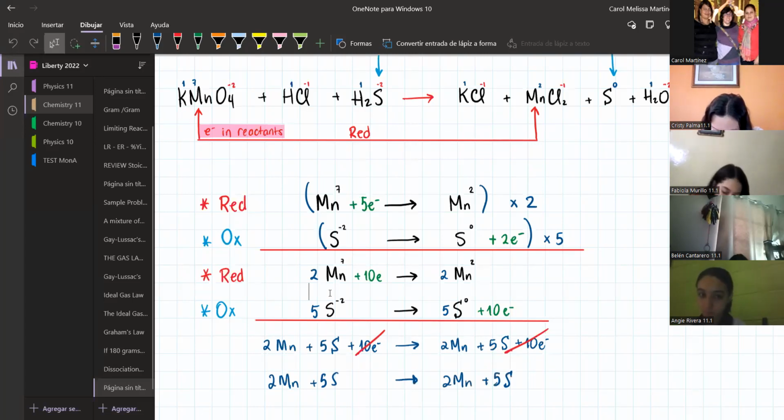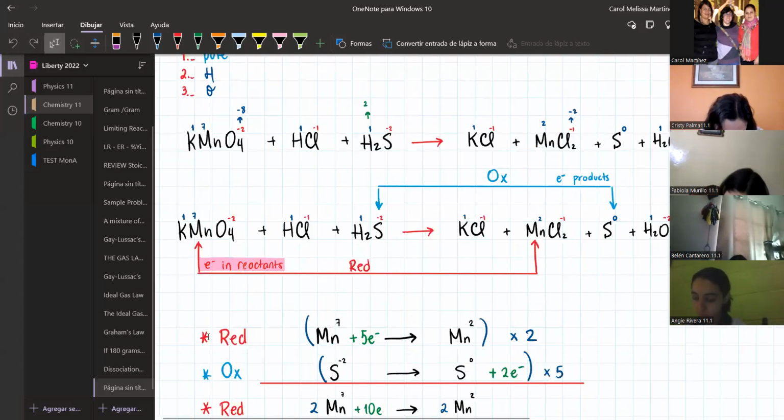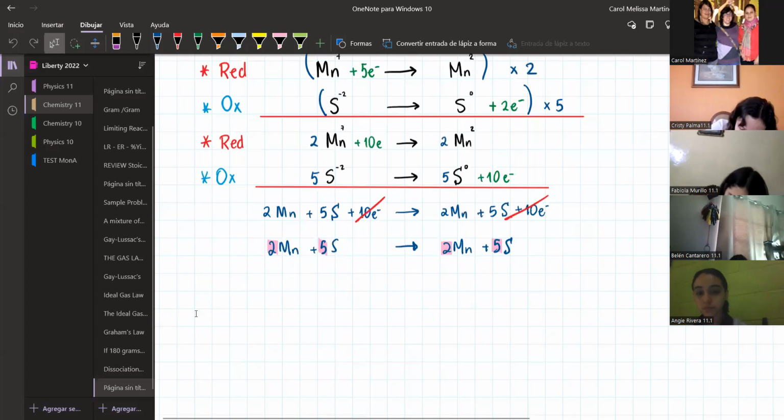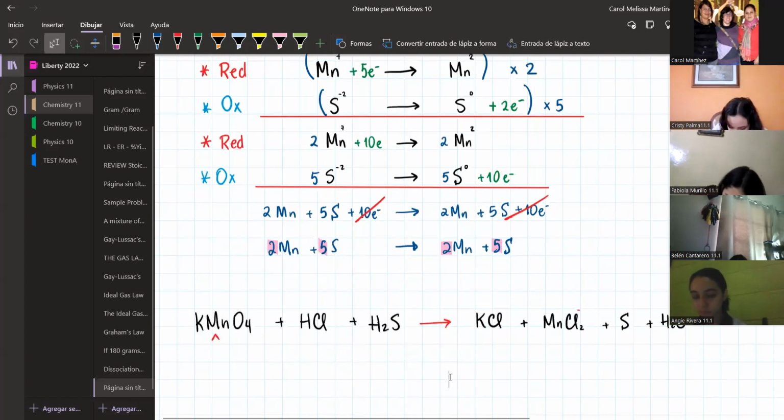Now, this gives me the coefficients. These coefficients, I'm going to use them in the main equation. So I'm going to write the main equation one more time. In the part where I have manganese, I will put the 2.